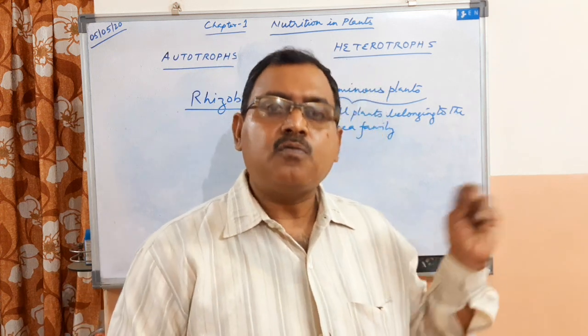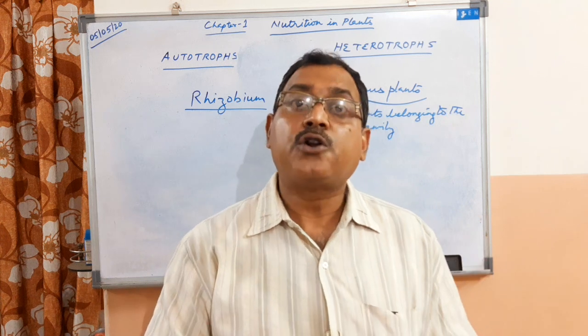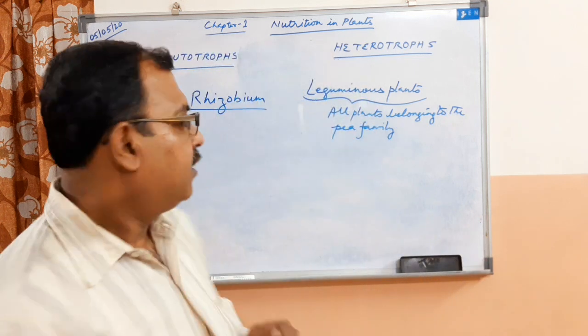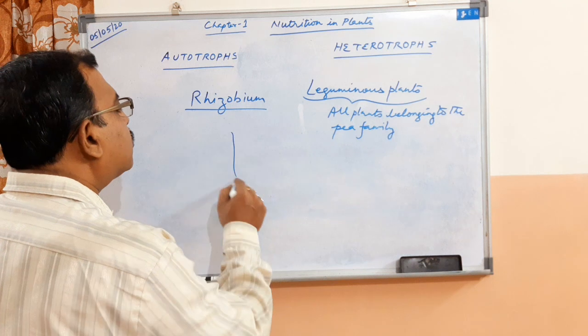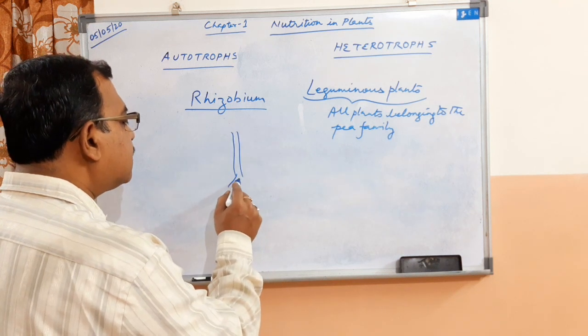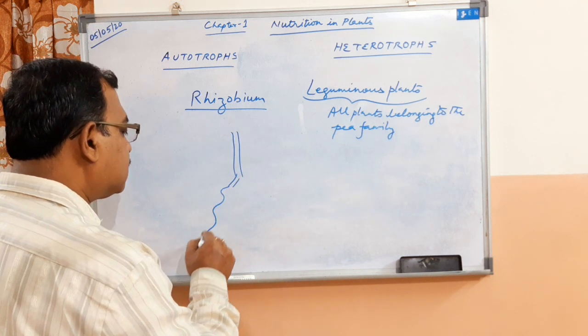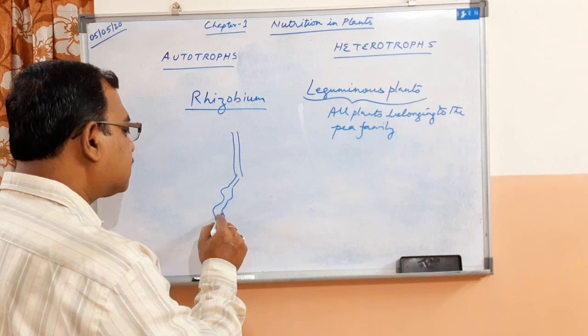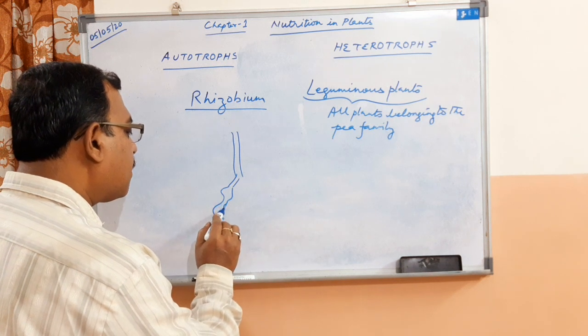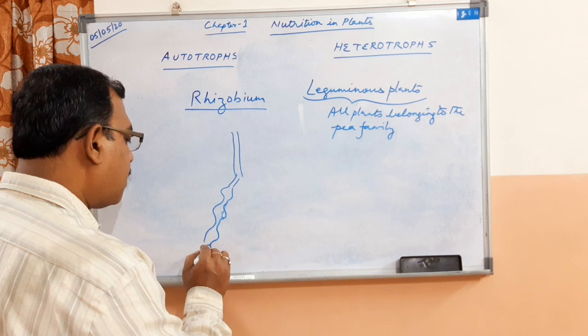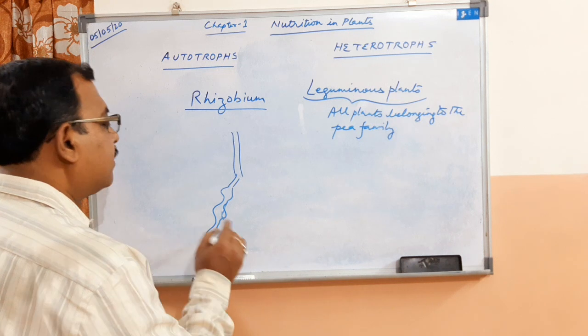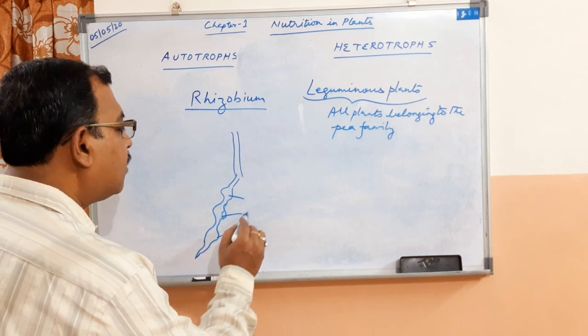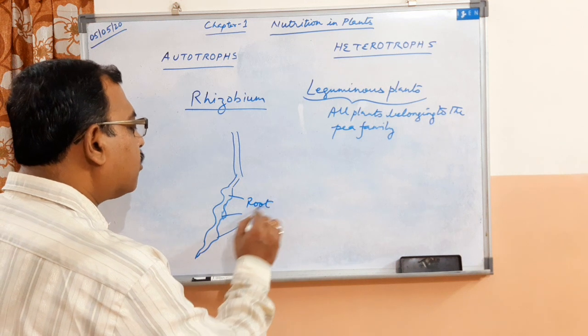Now the leguminous plants have roots which are nodulated in nature. Means the roots of plants have nodules, this type of structures. These are the root nodules.